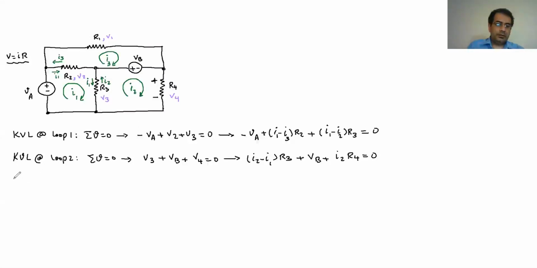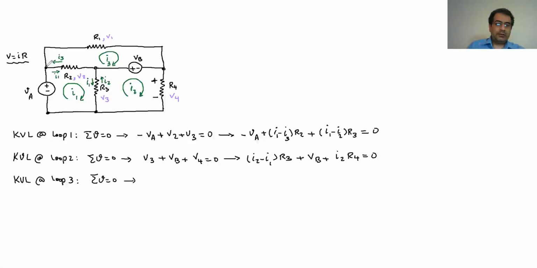And now I would write the KVL at loop 3. Again, it tells me the sigma V should be 0 at loop 3. So loop 3 is up here, and I have to start from one location, go all the way, and come back to that location.